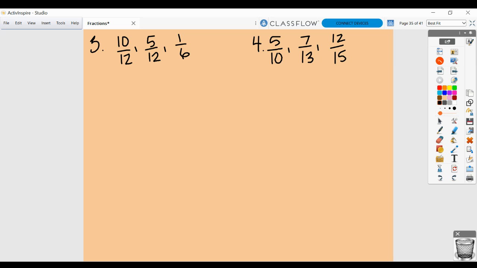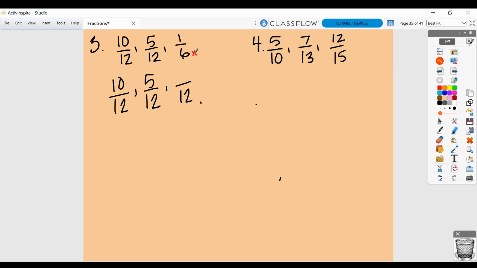Okay, the next one, we have 10/12, 5/12, and 1/6. If you look at the denominators of 12 and 6, this one is a little bit easier because we can make a common denominator of 12. The first one doesn't have to change. The second one doesn't have to change, but this time we have to make the bottom one a 12.